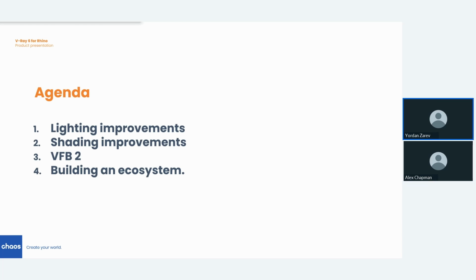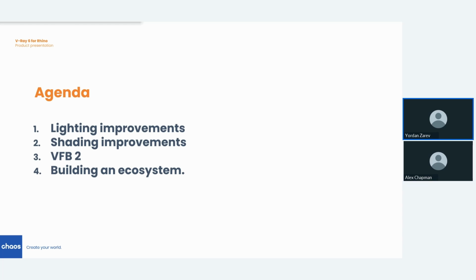So we focused the improvements on a few different aspects. We have created a ton of lighting improvements, helping people set up their scenes a lot quicker and more efficiently. We've added a ton of shading improvements, making it easier to create realistic shaders and realistic objects. And then we've added improvements to the V-Ray frame buffer.